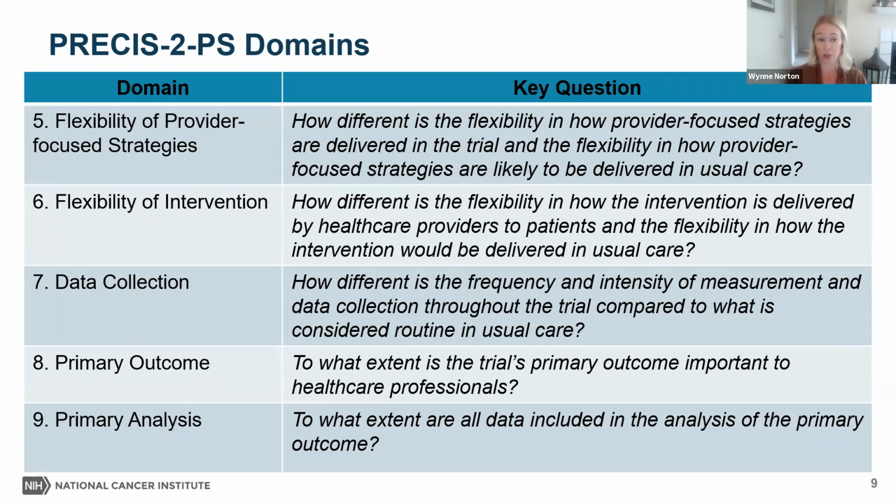A score of 5, which is more pragmatic, would be secondary data collection, leveraging electronic health records, for example, to examine processes and outcomes, whereas a score of 1, which would be more explanatory, would include a lot of different surveys that take a lot of time, that participants are encouraged to complete at multiple interviews, perhaps intensive qualitative data collection, a mixed methods data collection approach. So those are examples of the extremes from one end to the other with respect to data collection.